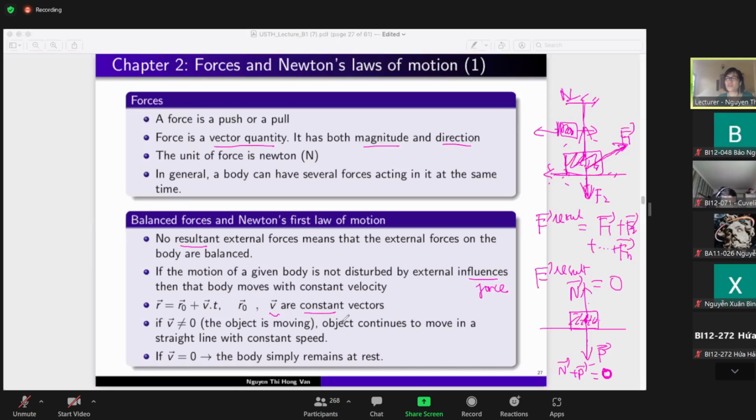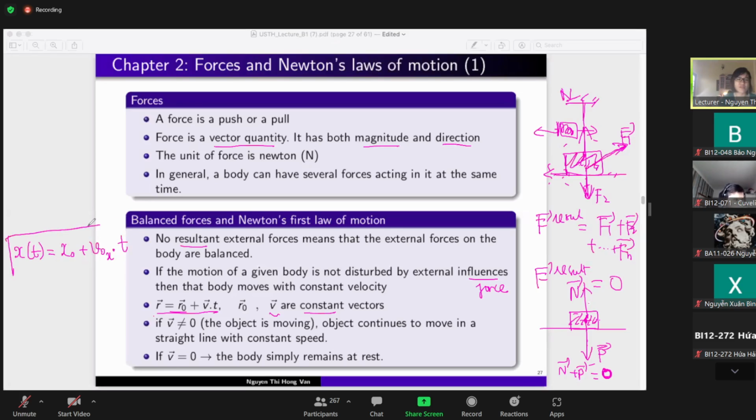So this we already know from the previous chapter, that if the velocity is constant during the motion, then the displacement is a straight line. In this case, it's a vector form, but if you project on the axes, as I explained last time, for example, you have x at time t equal to x0 plus v0 along OX times t.